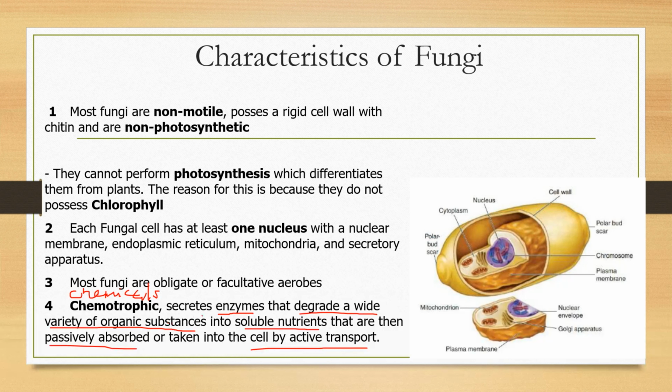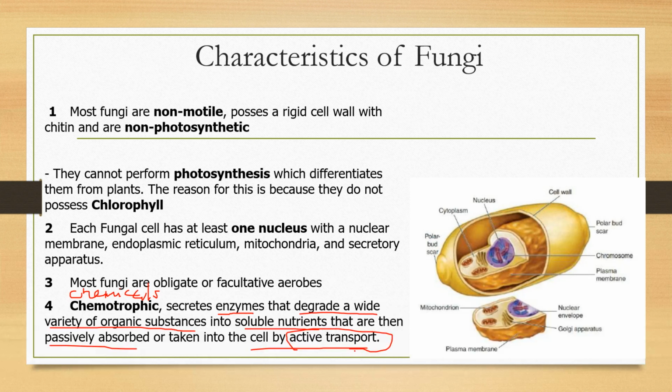So the fungi would secrete these enzymes. They would degrade or destroy the organic substances, and these are turned into nutrients, which are then absorbed and taken via the so-called active transport.